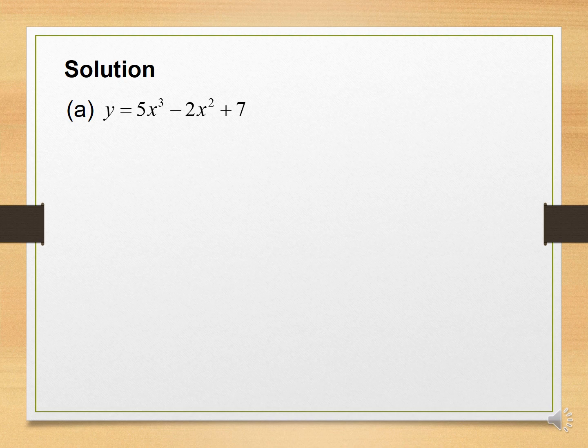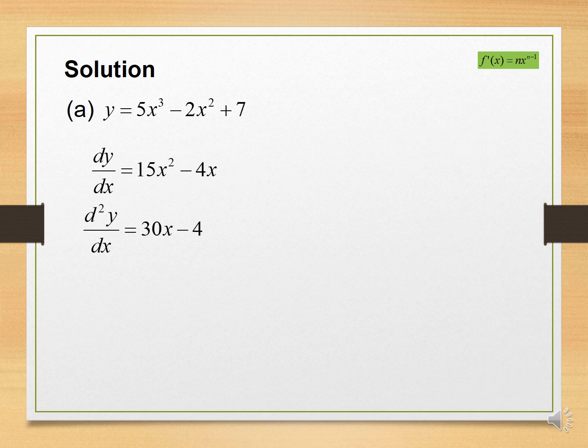We can use the power rule here. The first derivative dy/dx will be 15x squared minus 4x. Then we differentiate dy/dx again to obtain d2y/dx squared, and the answer will be 30x minus 4.